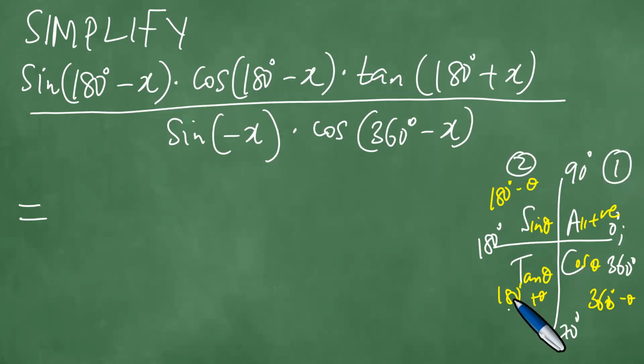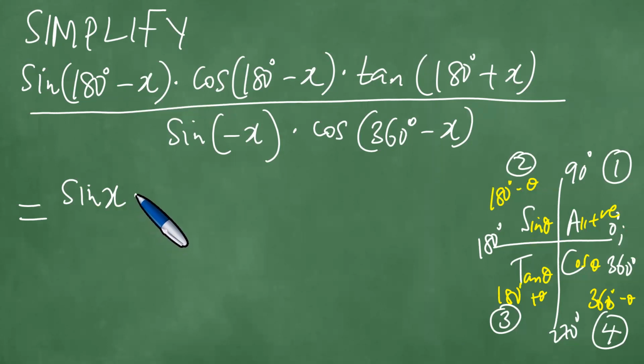So now if you have 180 minus, you are in the second quadrant in which the sine is positive, so it's going to be positive sine x. 180 minus x is in the second quadrant where the sine is the only one positive, but the cosine is going to become negative cosine x.